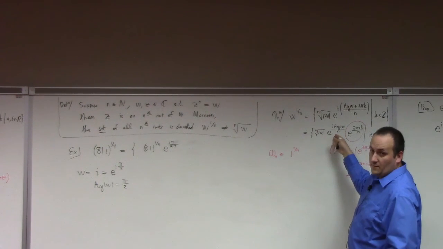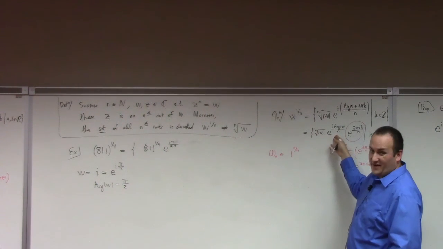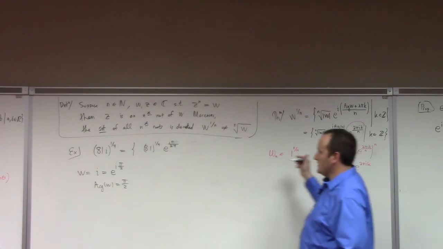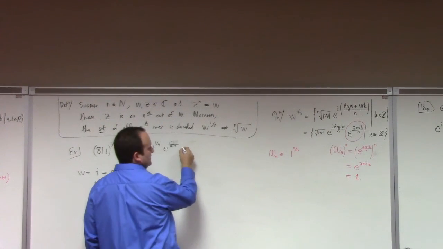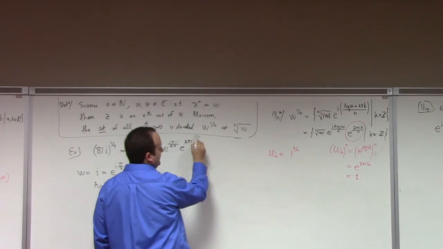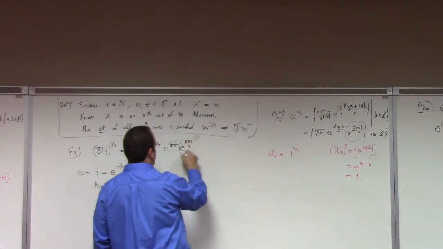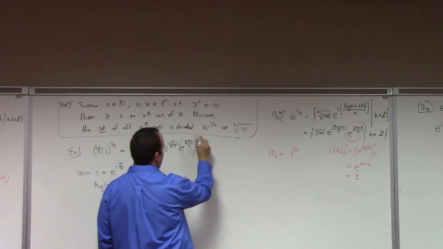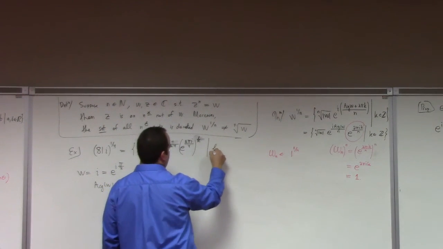Here n is equal to 4, so I really have e to the pi i over 8, right? And then I've got these terms, e to the 2 pi i k. But I really wanted to look at it as e to the 2 pi i over 4 raised to the k power, such that k is equal to what?